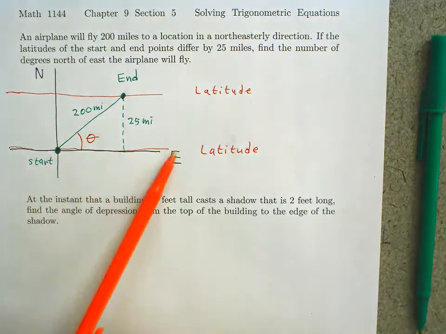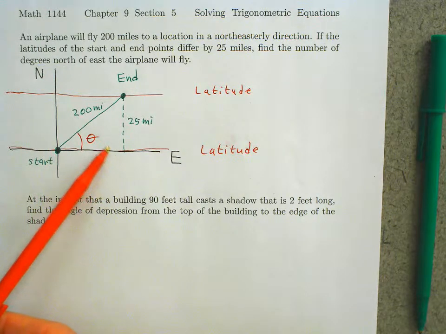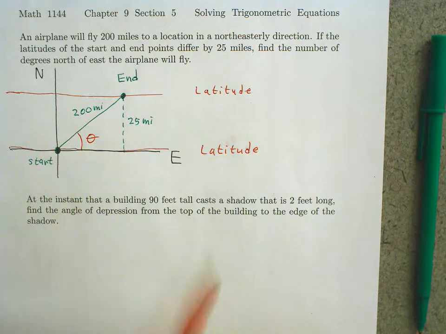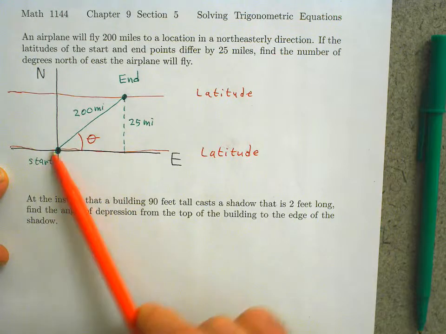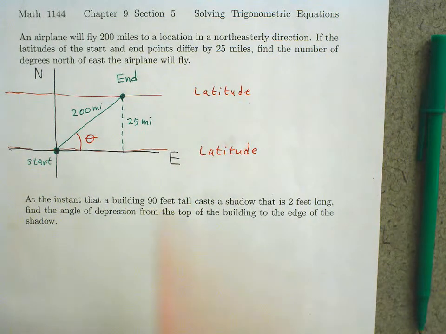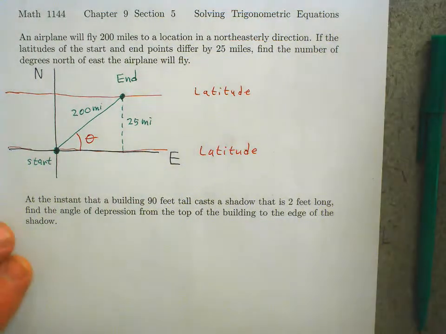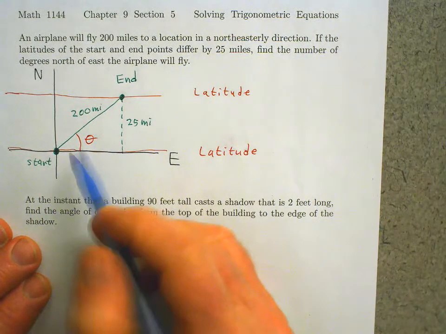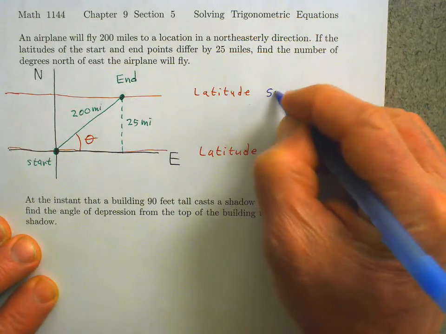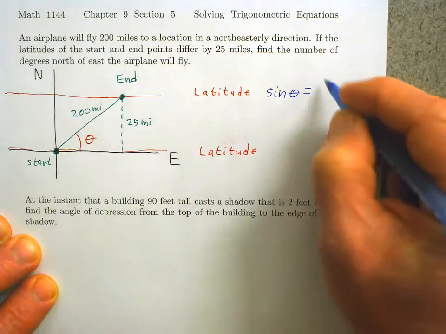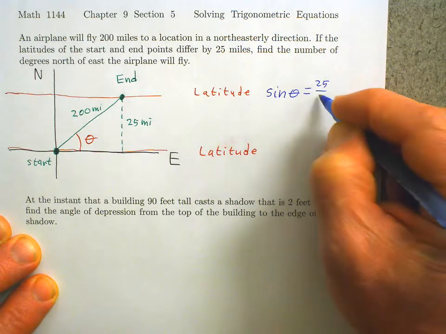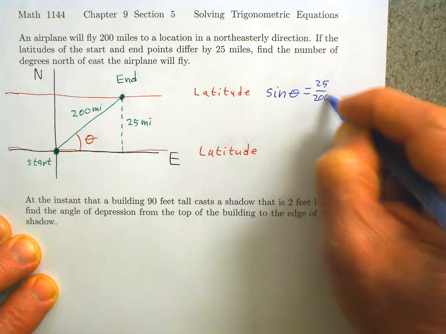So that's east, that's north. So theta degrees north of east is what you get when you move counterclockwise theta degrees. Well, this is pretty easy to figure out. The sine of theta is 25 over 200, or 1/8.